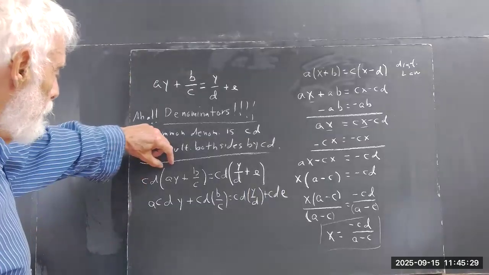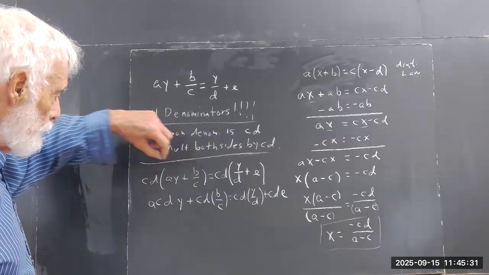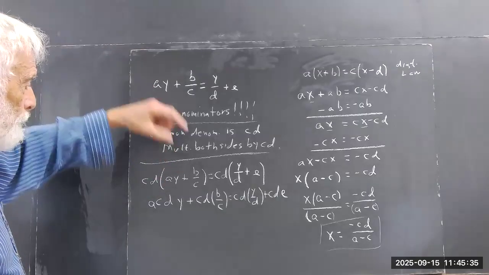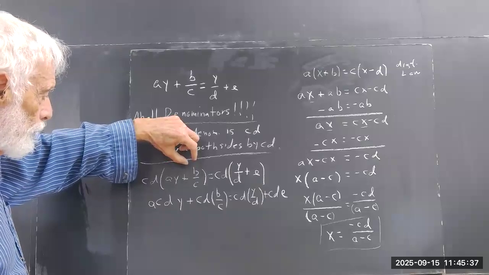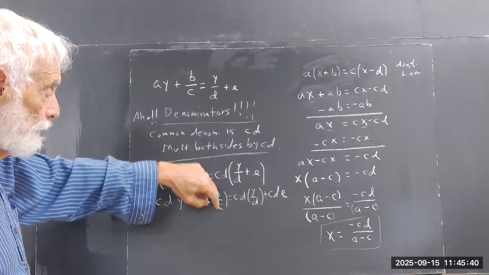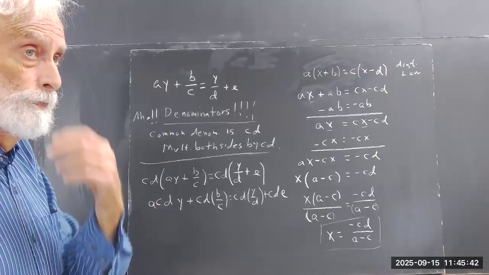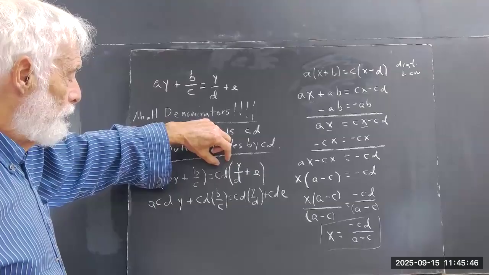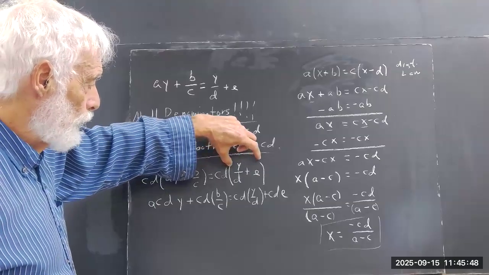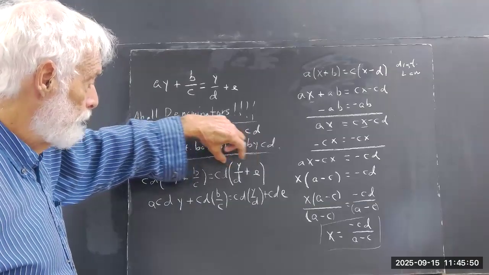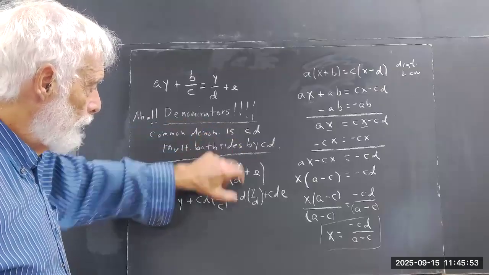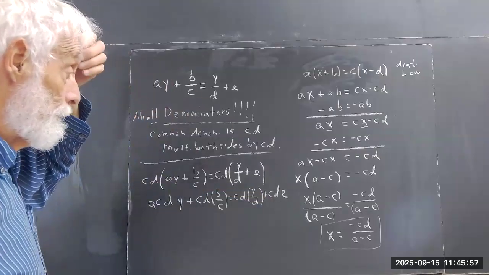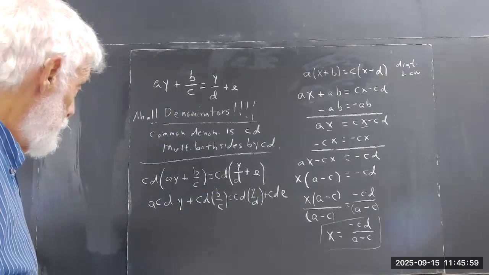CD multiplied by the AY in the first set of parentheses gives us ACD times Y. Multiplied by the second term, B over C, we get CD times B over C. And then on the right-hand side, multiplying CD by the quantity Y over D plus E, we have CD times Y over D, and we have CD times E. We write all that out.